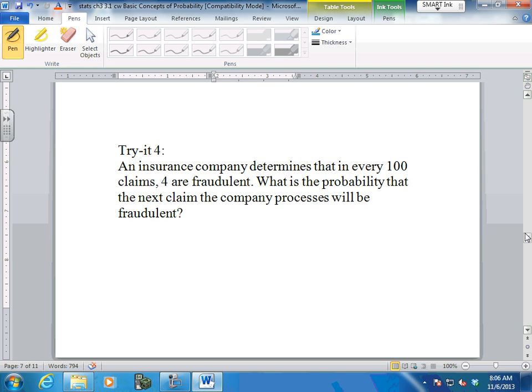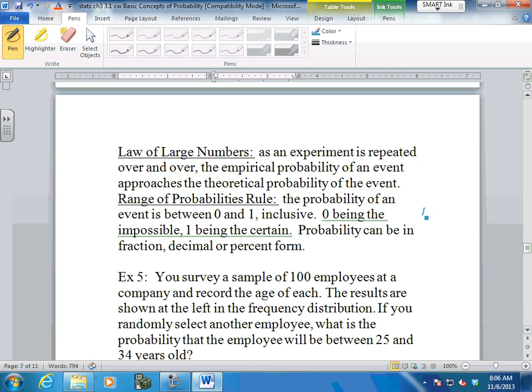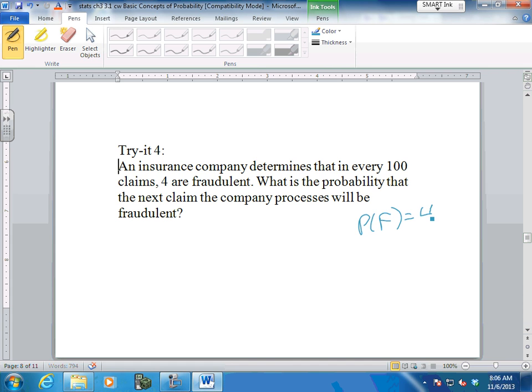So an insurance company determines that in every 100 claims, 4 are fraudulent. How do I write the probability of being fraudulent? 4 out of 100. Okay?